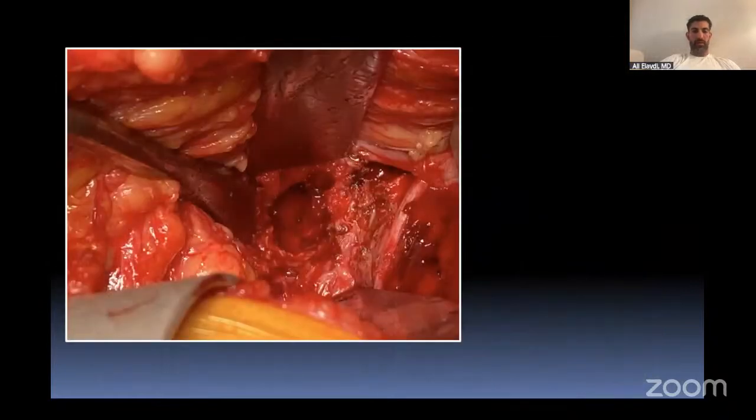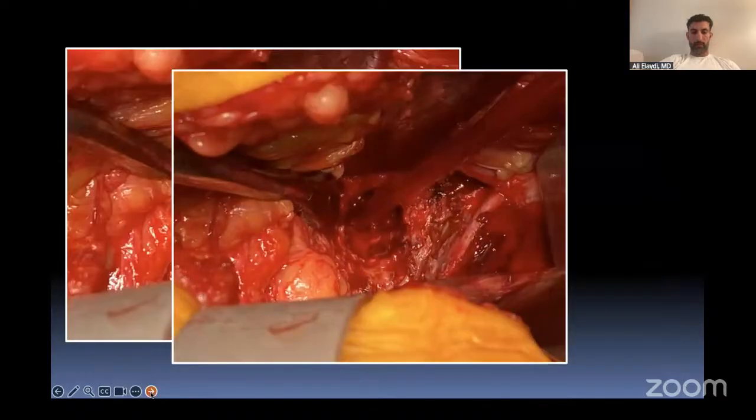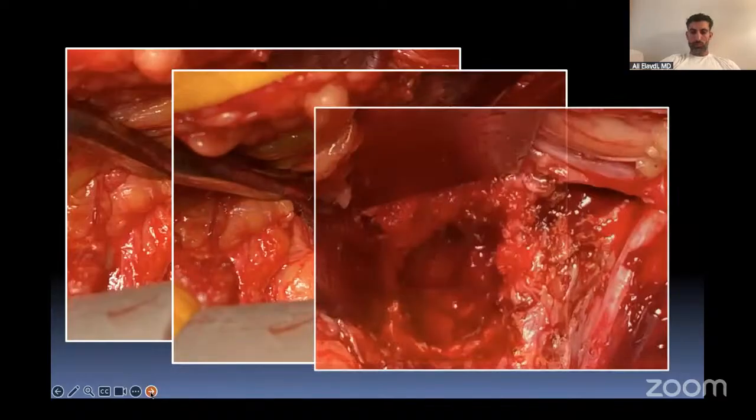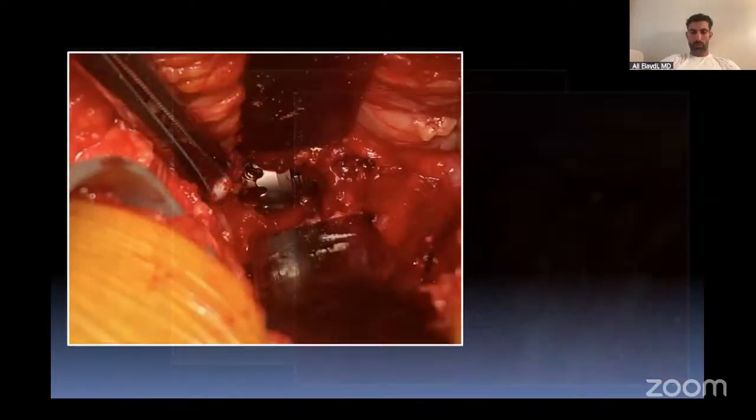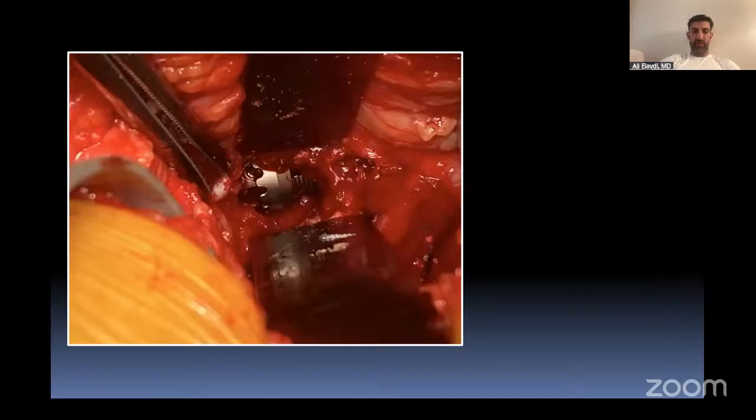This is the anterior approach, and you could see coming down on L5, and once we did the corpectomy, this is us filling in the defect with an expandable cage.